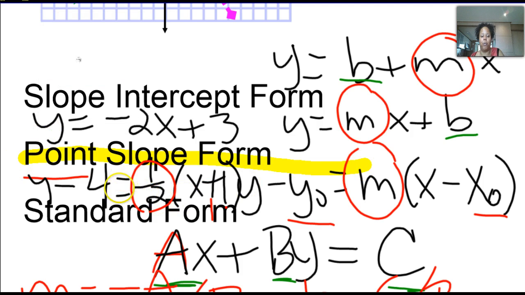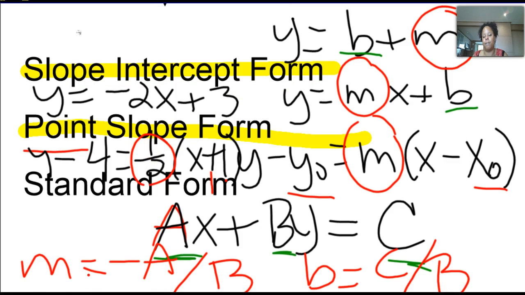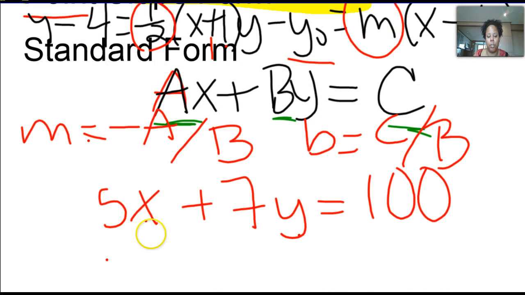But if they gave you the rate of change and the y-intercept, then you could use the slope-intercept form. If they didn't give you the rate of change, but they did give you the rate of change per variable, then you could use the standard form. So this $5 a ticket for children, $7 a ticket for adults, equals some constant that can be represented in that format. So I hope this helps.